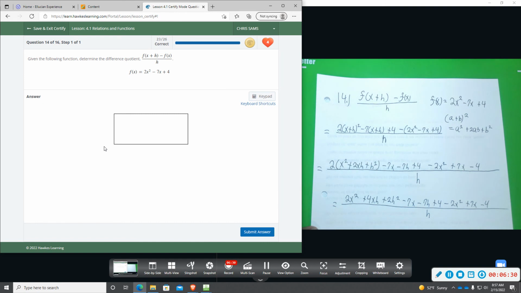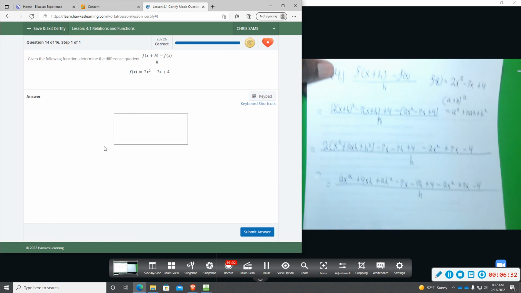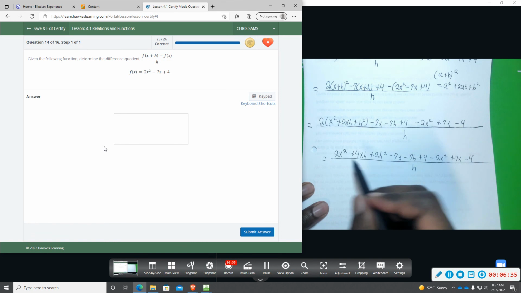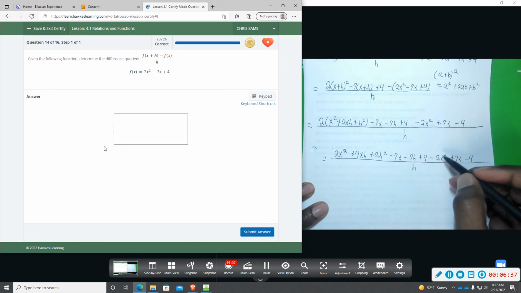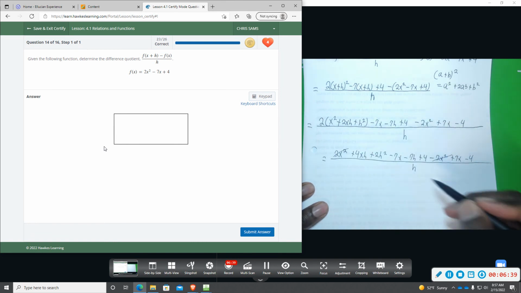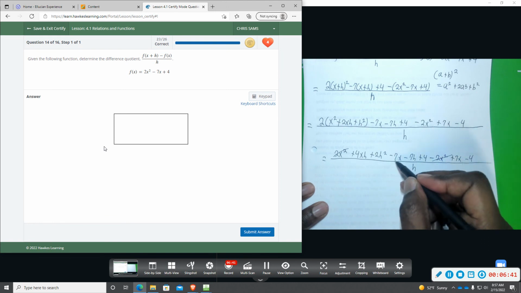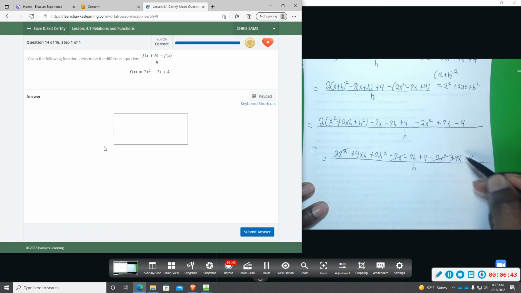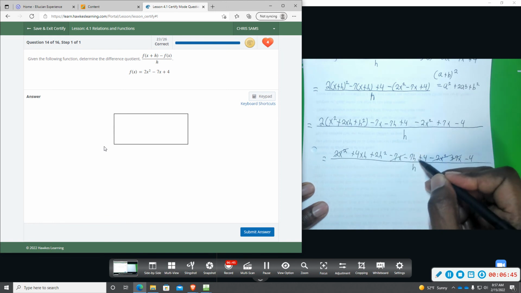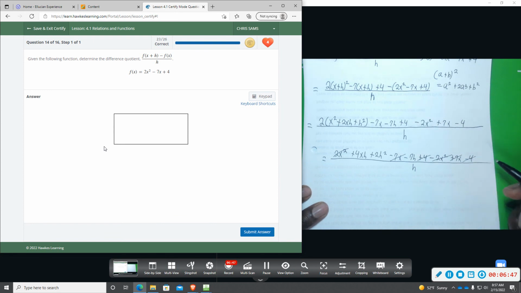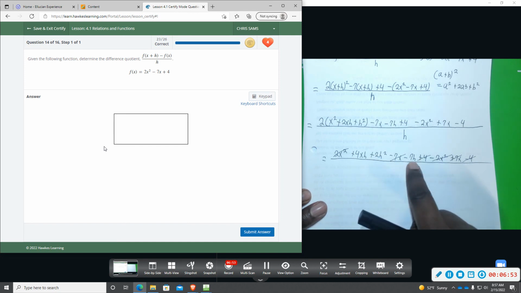At this point, I'm going to cancel out all the terms that will cancel out. So I have a positive 2x squared, a negative 2x squared. I have a positive 7x and a negative 7x. Negative 4, positive 4. Get rid of all of those. We're left with the 4xh, the 2h squared, and the minus 7h.